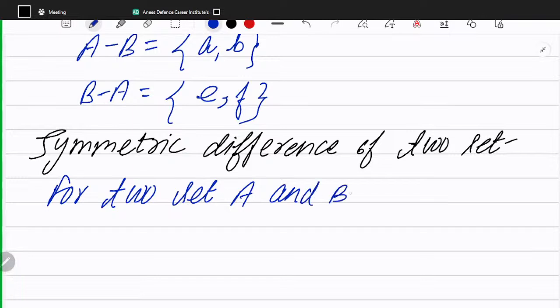For two sets A and B, symmetric difference.